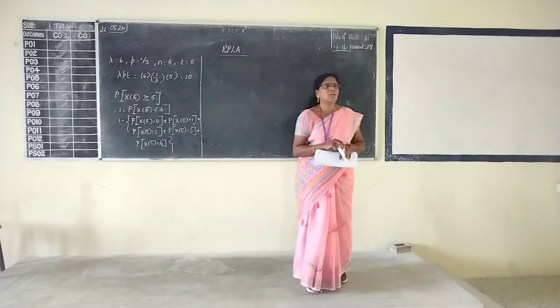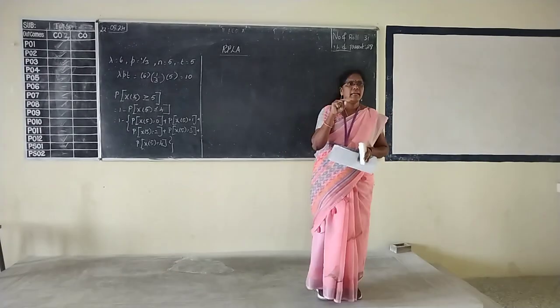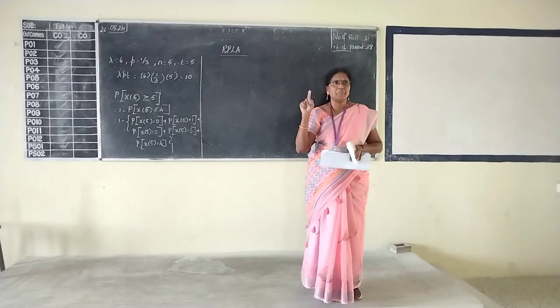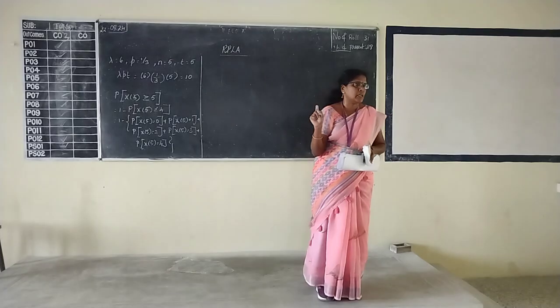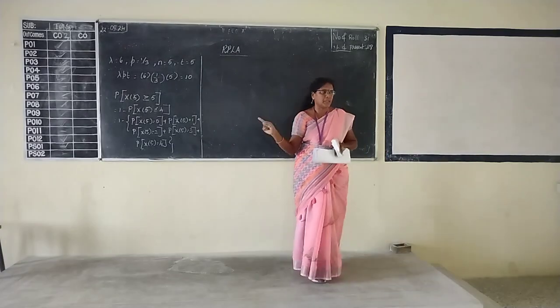So what is the formula? e power minus lambda pt, lambda pt the whole power n by n factorial. Instead of lambda, substitute lambda p.